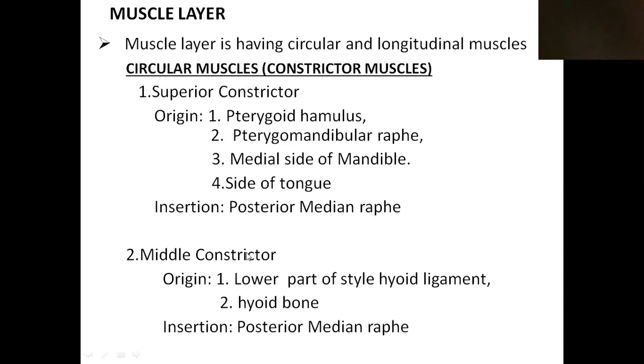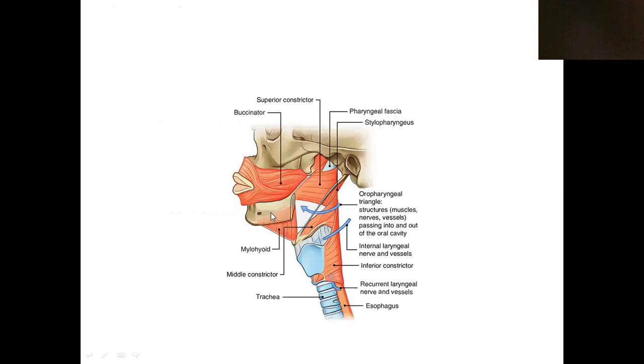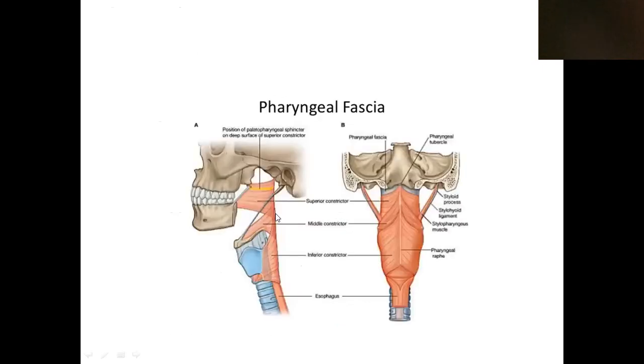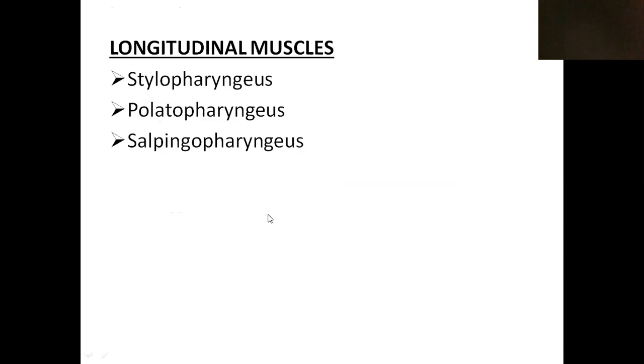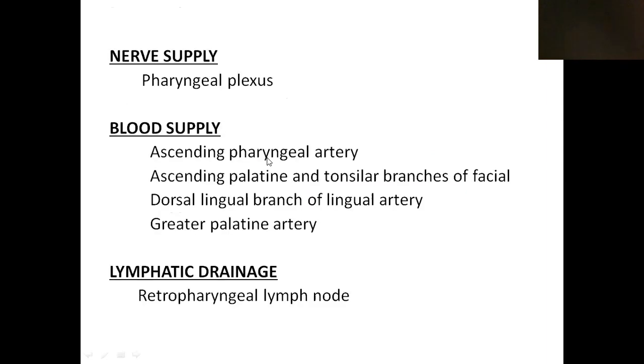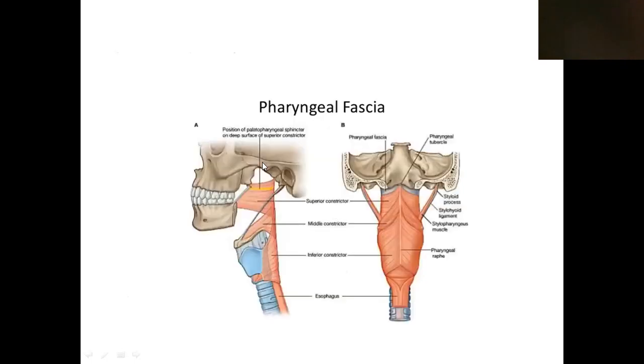Superior constrictor, middle constrictor, and inferior constrictor. Then what are the longitudinal muscles? Stylopharyngeus, palatopharyngeus, salpingopharyngeus. From the styloid process to the pharynx, stylopharyngeus. From the palate to the pharynx, palatopharyngeus. From the auditory tube to the pharynx, salpingopharyngeus. We have to go through that.